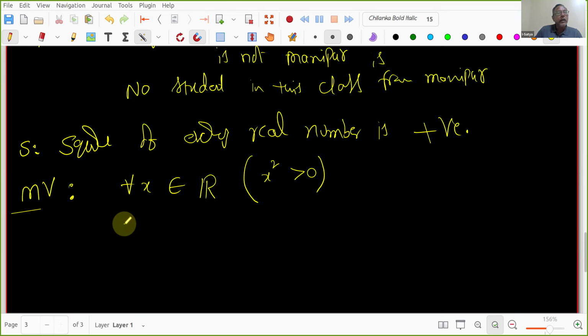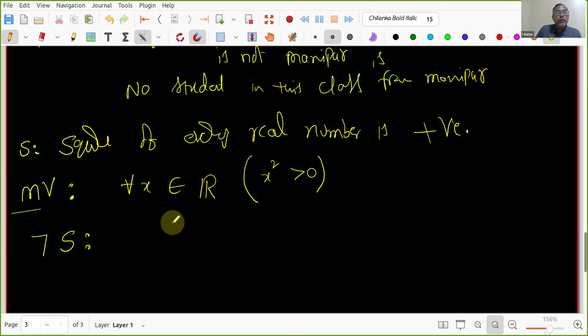Now I'm clearing all of you. Can somebody tell me what its negation is? That may help us understand. Tell me the mathematical version of its negation. We said that the square of every real number is positive: given any real number, x square is positive. Forget whether it is true or false, let us look at its negation.